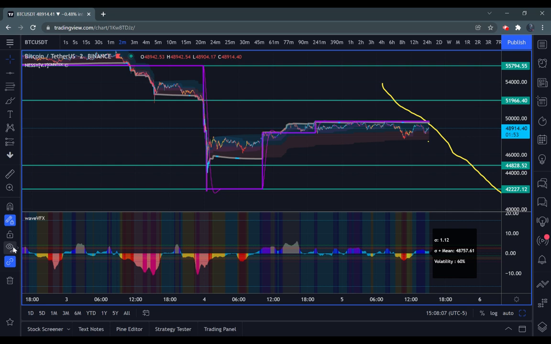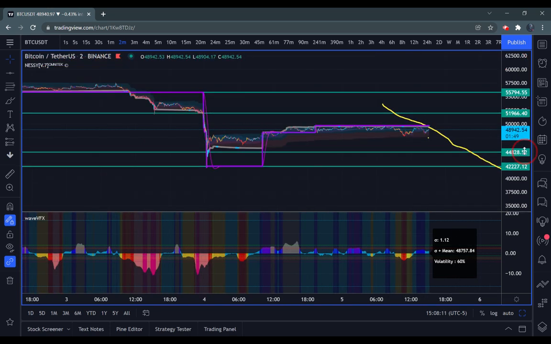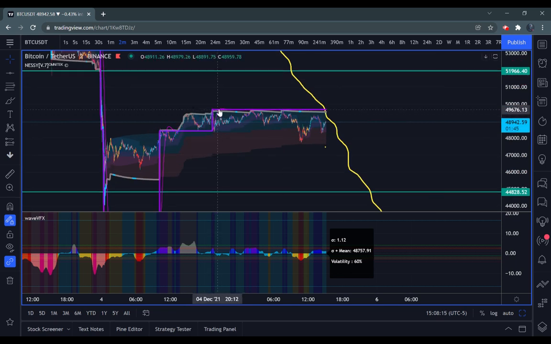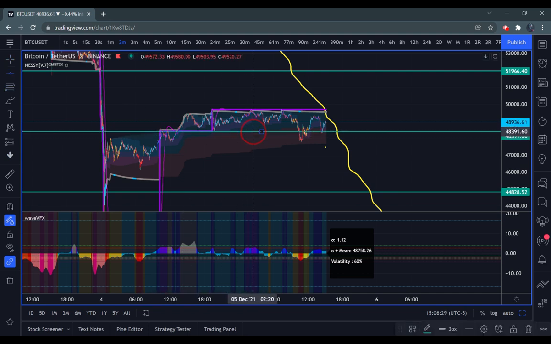So if we unhide all those lines again, we see that imaginary slope there. So we know that right now Bitcoin is bearish because it's below this line, right? We know that this line right here could also act as a support for us, so we can add that line as well.